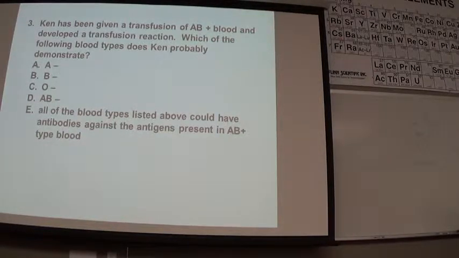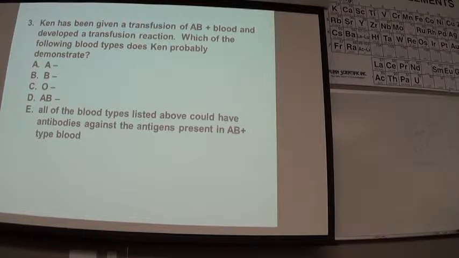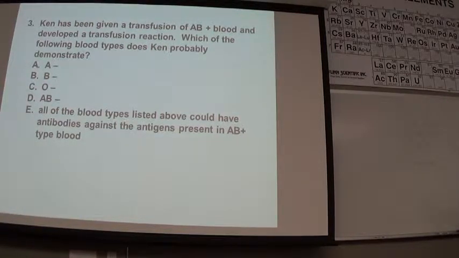He was given AB positive blood. E is everything, so it could be anything. So if he has A negative blood, what antibodies would he have? He would have B antibodies, and he might have D. Would that cause a transfusion reaction? Yes. Okay, just the B antibodies alone would cause a transfusion reaction.